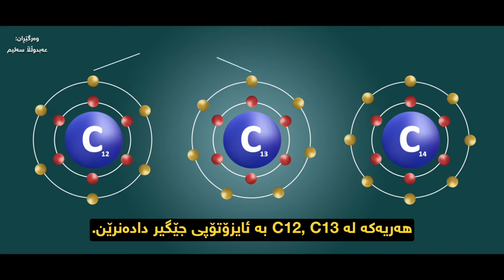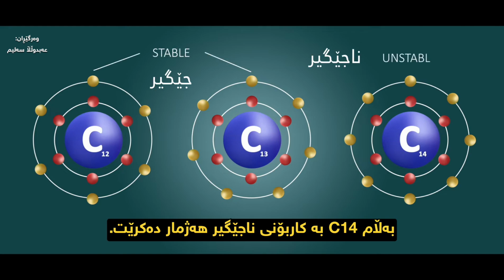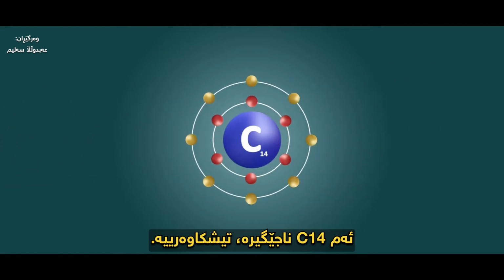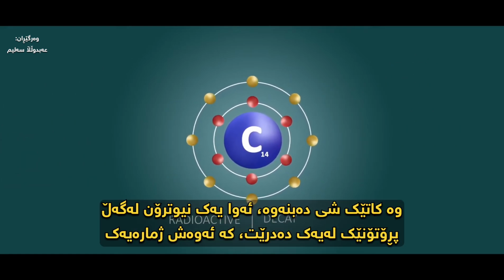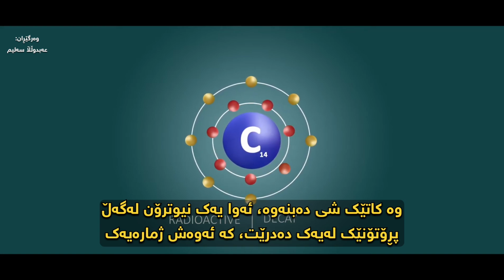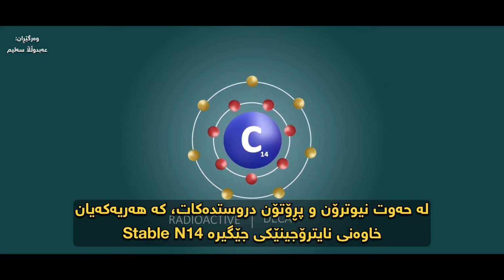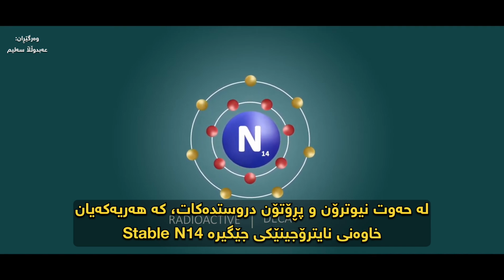C12 and C13 are stable isotopes, but C14 is an unstable carbon. This unstable C14 is radioactive, and when they decay, one neutron gets converted into a proton, which makes the number of protons and neutrons 7 each, making it a stable nitrogen N14 atom.